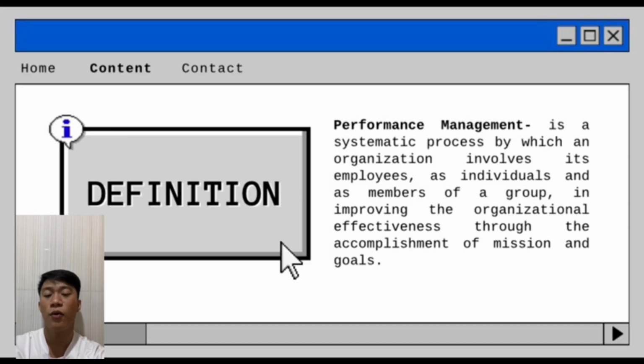It's a cycle where we set clear expectations, keep an eye on progress, help people grow, measure results, and reward good work. In short, it's all about aligning individual effort with the organization's mission so everyone wins.